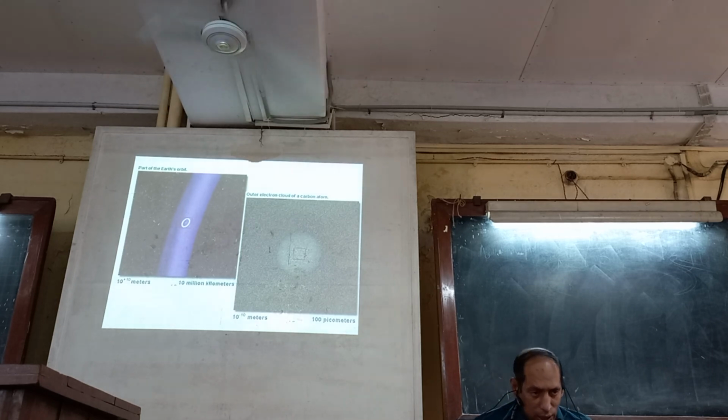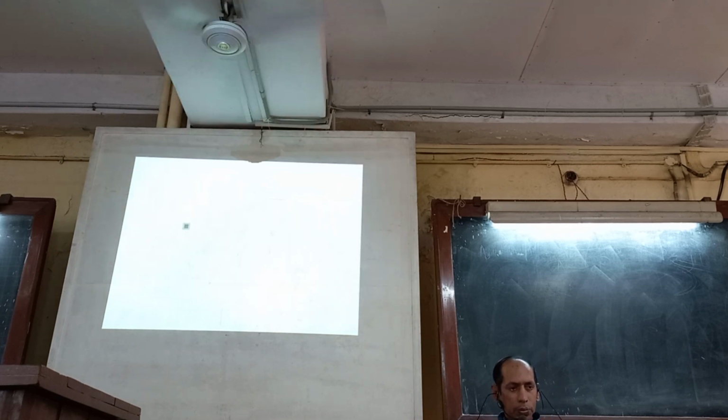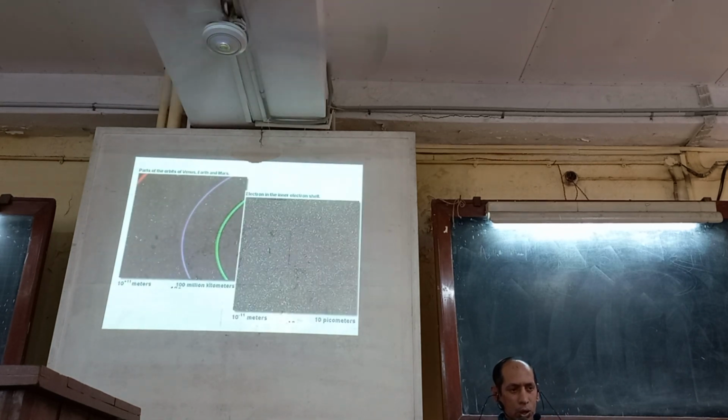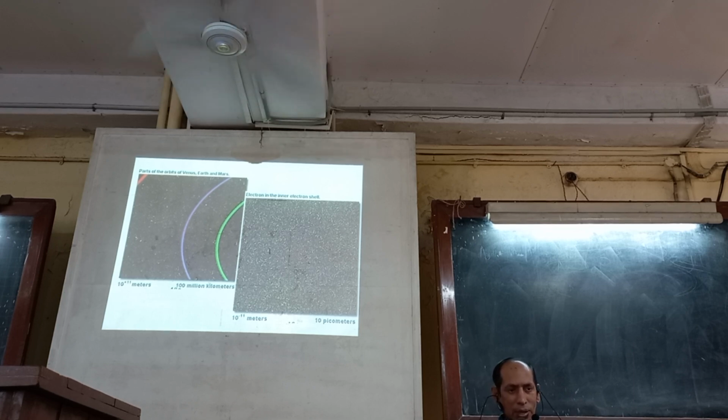On the right hand side, what you are seeing is the outer electron shell. You are seeing the inner 4 planets, and here you are seeing the empty space surrounding the nucleus of the atom.